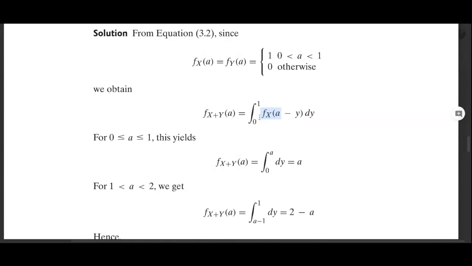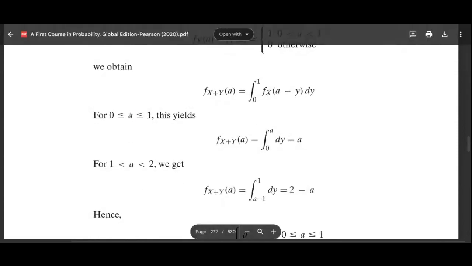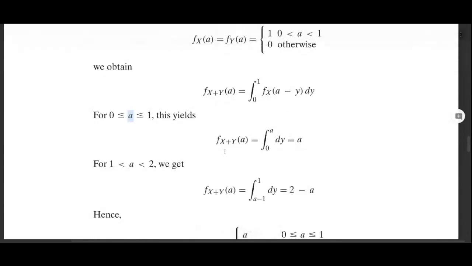From 0 to 1, the integration of fX(a − y) dy, and for a in from 0 to 1, we can rewrite this as the integral from 0 to a of dy.